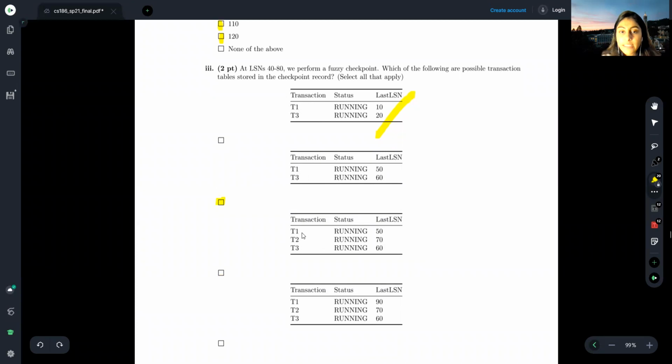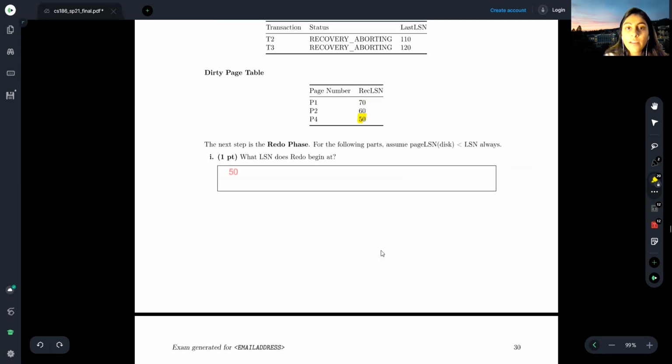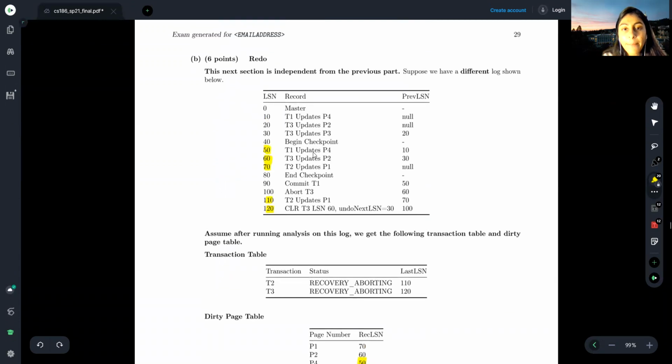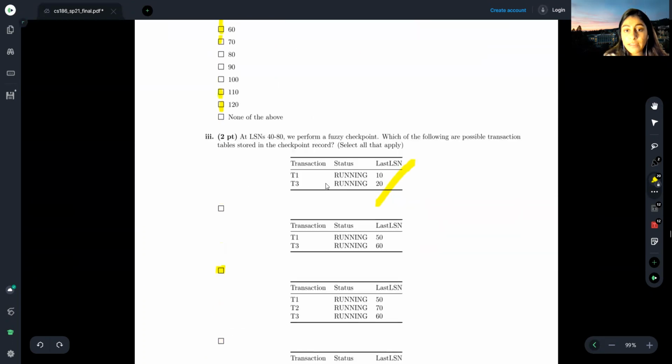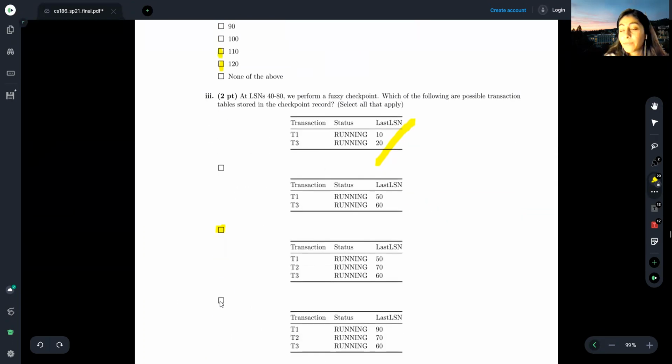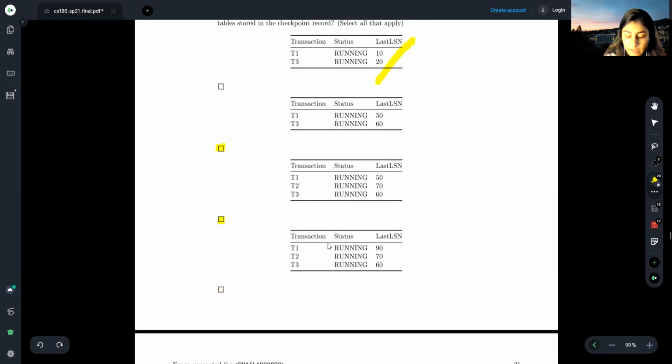The next one has T1, T2, T3 with 50, 70, and 60, which are the 3 updates that happened in between the begin and end checkpoint. This would be the ideal situation. We have all of them updated as we expect them to. So this is possible. The last one has T1 with a last LSN of 90, and then T2 and T3 with the last LSN of 70 and 60.